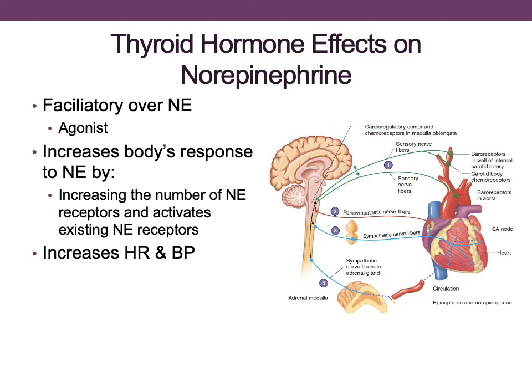It acts as an agonist, enhancing the effectiveness of norepinephrine. It will increase the body's response to norepinephrine by increasing the number of norepinephrine receptors and activating existing norepinephrine receptors. This increase or facilitatory effect will increase blood pressure and heart rate.